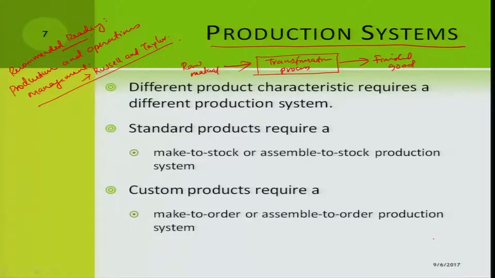So, the transformation process, depending upon the product that you are going to produce, the product that is chosen, to a large extent actually, determines the production system.